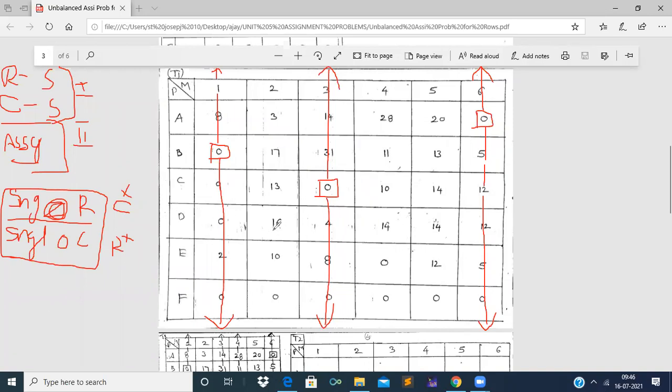See here, in fourth row, the left row elements are 16, 14 and 14, and there is no single zero in fourth row. Let us go for row E. The left row elements are 10, 0, 12. So in fifth row, single zero is present. Therefore, we put that zero in a box. As we are searching for single zero row, we strike off the column in which this assignment is made.